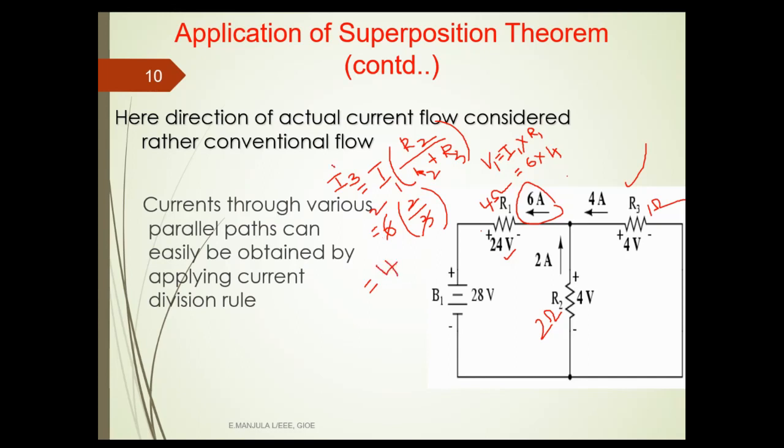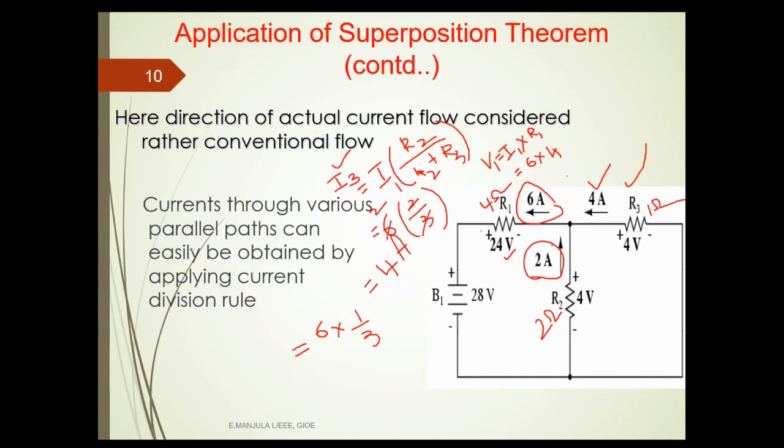So the current I3 flowing is 4 amps. Likewise, we calculate the current flowing through I2, which is equal to 6 into, putting the values directly, 1 divided by 3.